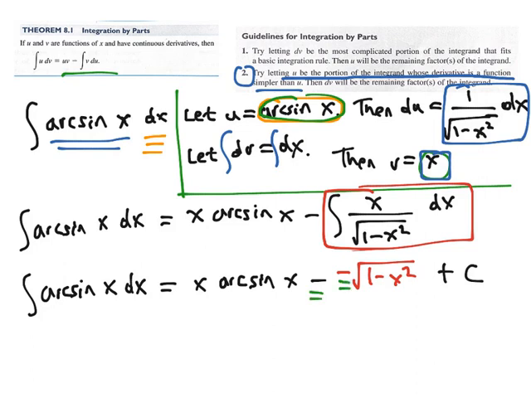And of course, you have minus negative, which you can write as plus. So we're going to have plus the square root of 1 minus x squared plus the constant of integration c. So this is our final answer.